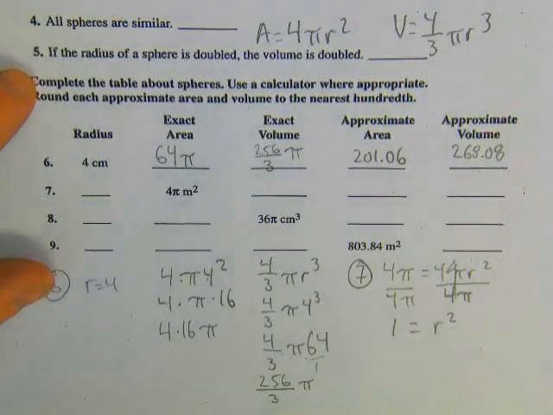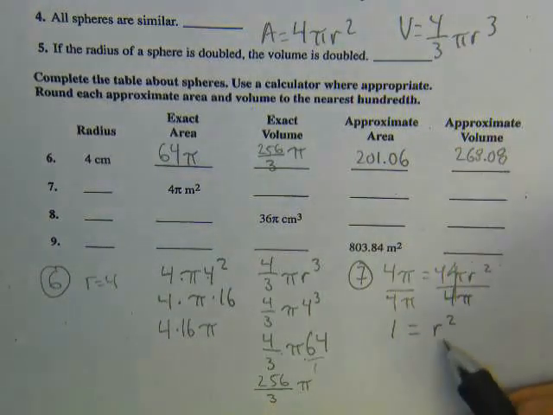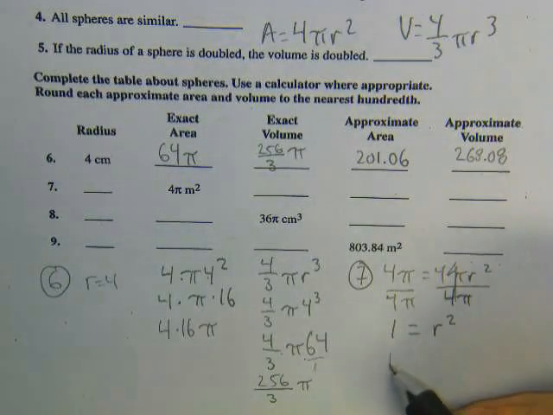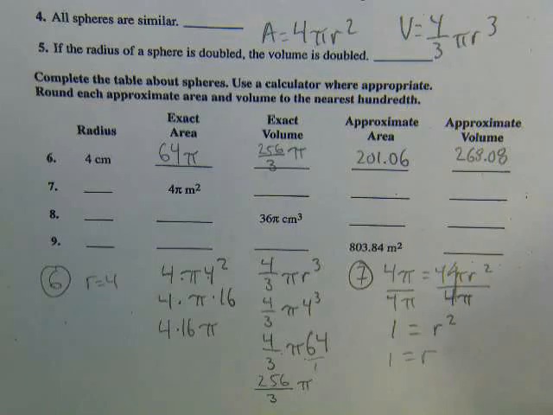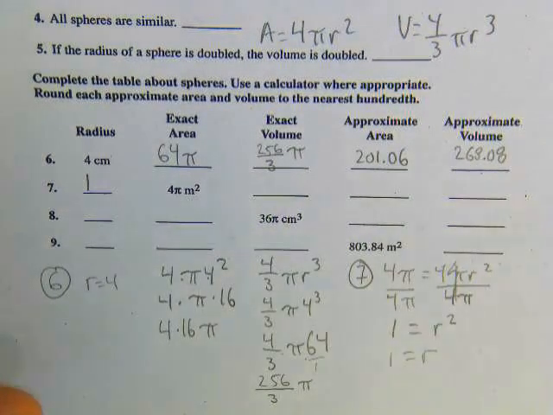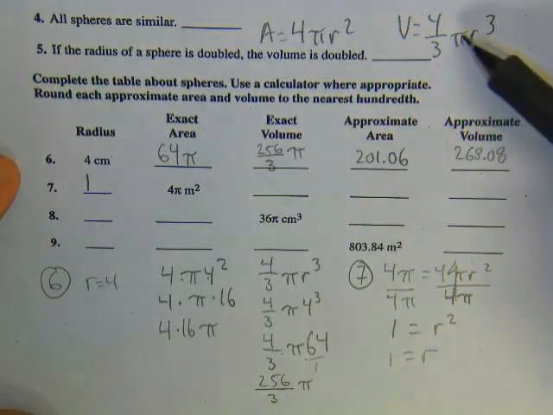Now I can solve this equation, or I can just use my head, or I can guess and check. What number works for r to get me 1? And the only thing is r is 1. So that makes this easy. 1 goes in here. If 1 is the radius, then I can plug it back in to this volume formula to get the volume.